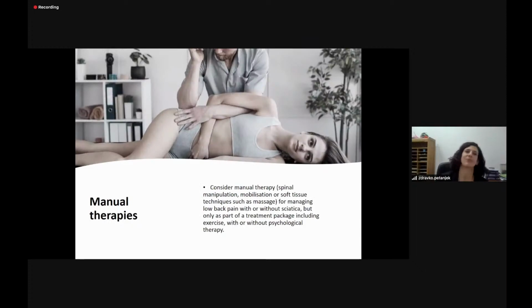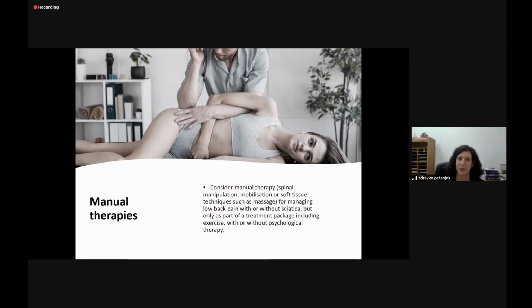Manual therapies tend to ease the pain in a way because the therapist opens the spinal canal and the foramen, where the root goes, and that releases the pressure and releases the pain. The therapist also can ease the stiffness of the muscles and also contribute to less pain.